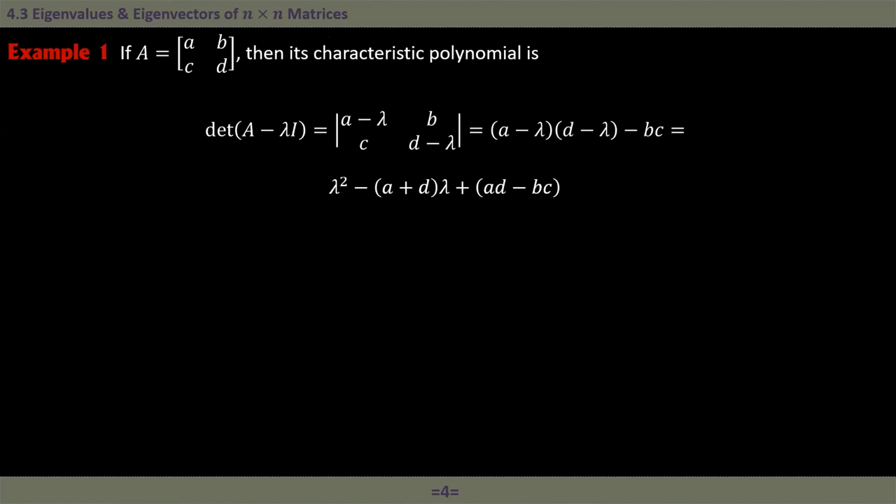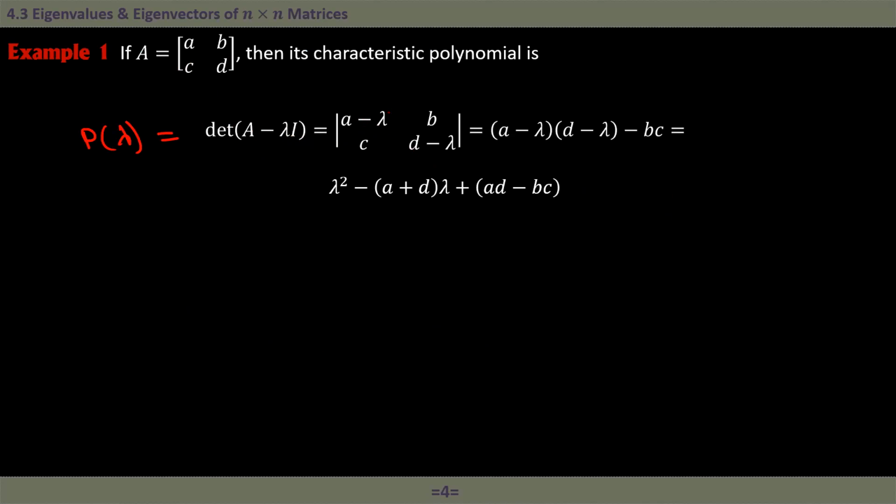Now consider this example: a 2 by 2 matrix whose entries are a, b, c, d. The characteristic polynomial is p of lambda, the determinant of A minus lambda I. When you subtract lambda I from A, you are just subtracting lambda from the entries on the main diagonal.